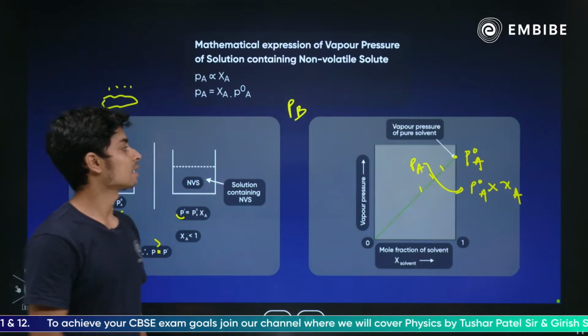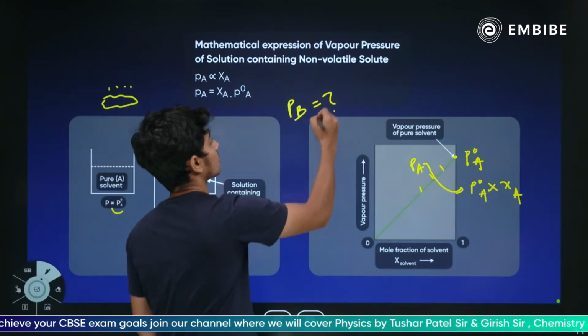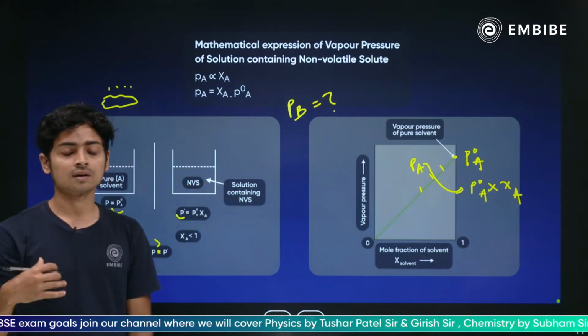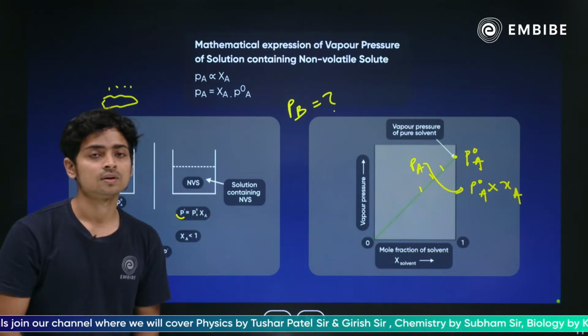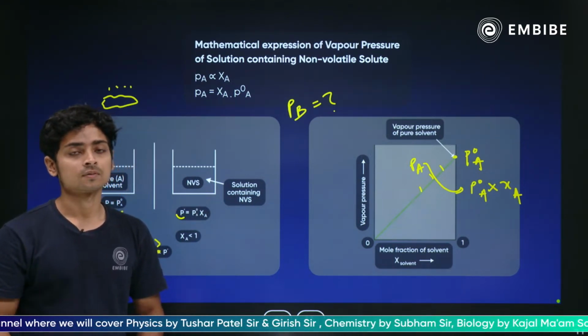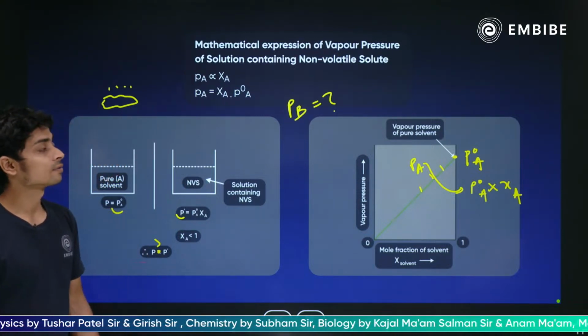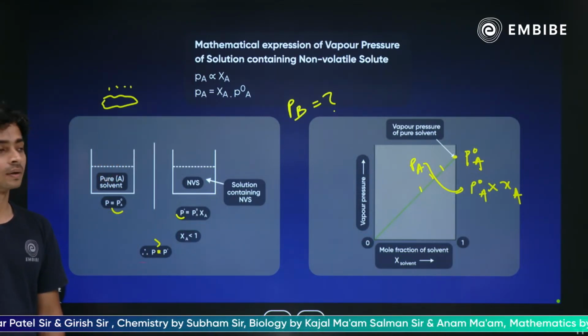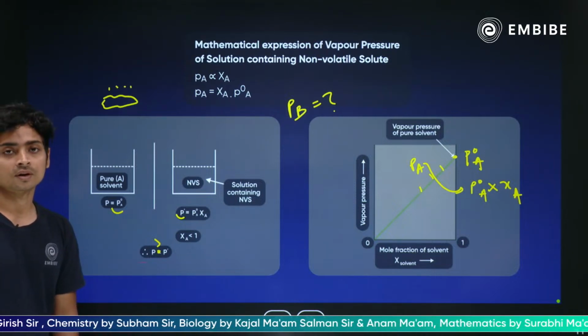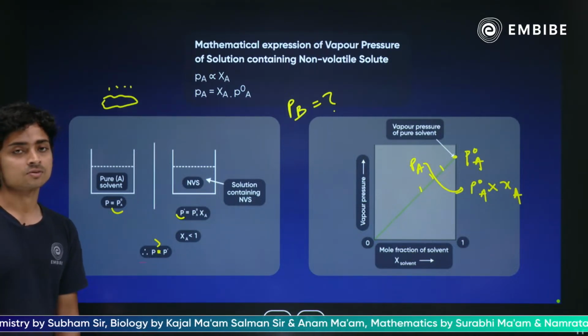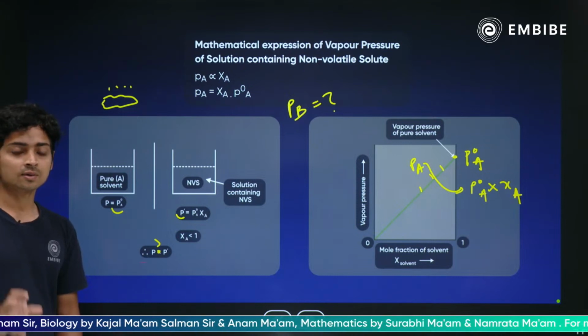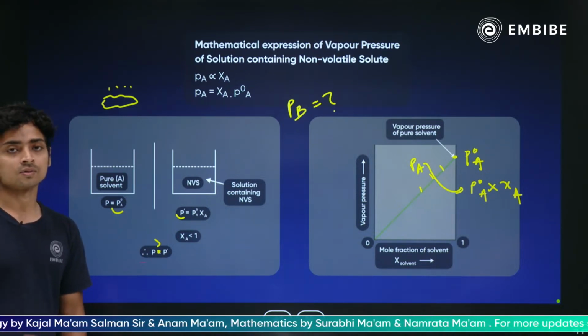I'll tell you what the value of PB is, or whether it even exists, or whether we are approximating it to be 0. I have to check a few things, because solids, remember, also have some vapor pressure. We will learn today about depression of freezing point, where we will see that solids actually have a vapor pressure. It's not 0, there is a certain value.